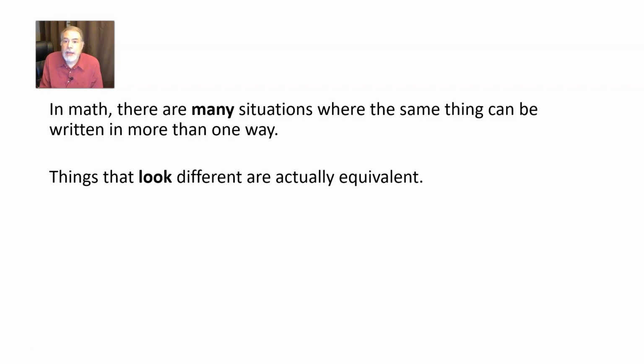The kind of radical expressions we were just looking at are one example of this, but there are plenty of other examples. For example, 5/4 or 1 1/4 or 1.25 all refer to the exact same number. They're just different ways of writing that same number, either as an improper fraction or a mixed number or a decimal.